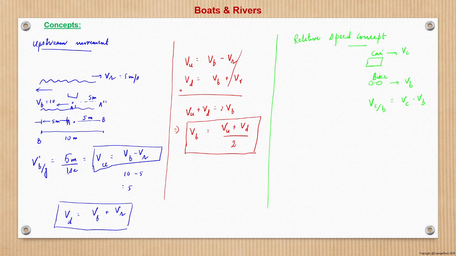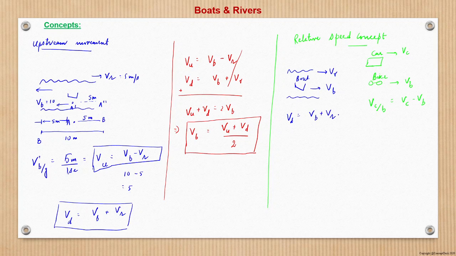So now a question or a confusion might appear: if river is flowing in this direction at VR and a boat is also moving in this direction at VB, so why are we saying that effective speed downstream is VB plus VR?